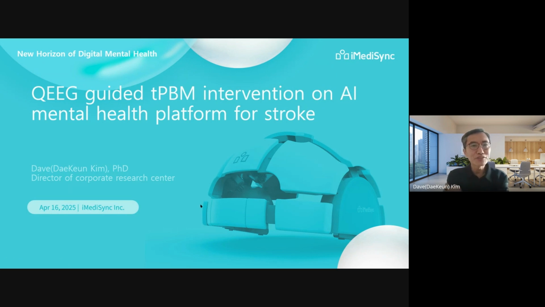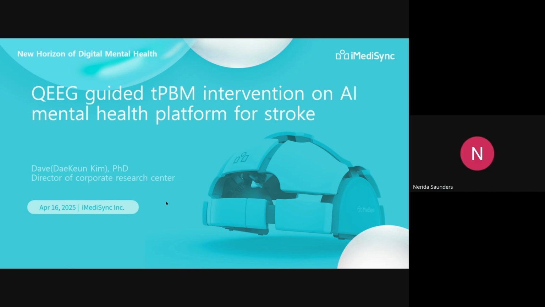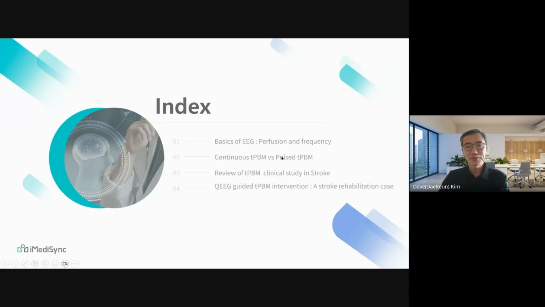Today, I want to present the quiz-guided PBM intervention on AI mental health platform for stroke rehabilitation. First, I will briefly introduce the very basic concepts of perfusion and frequency, and then I will explain the concept of frequency in the pulsed PBM.